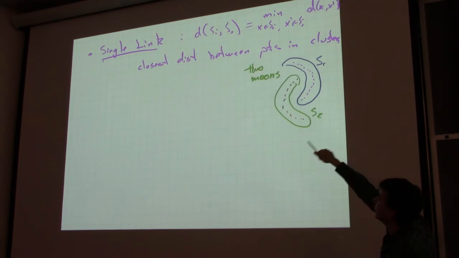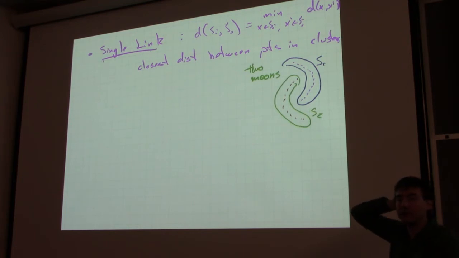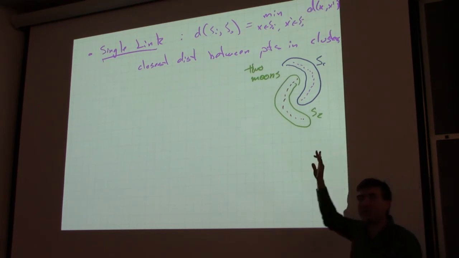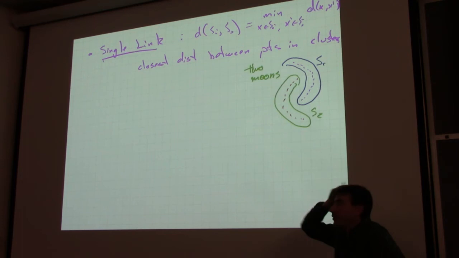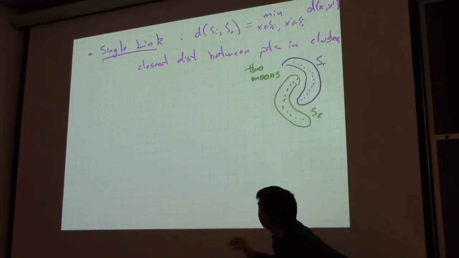You run it using this objective function, and you will find these two different clusters, where just about any other algorithm will not find clusters that look like this. So this particular version gives you some power which is different than other clustering algorithms. This is one way where this choice will give you a different result than if I use Lloyd's algorithm for the k-means objective, which we'll talk about Wednesday, or one of these center-based things.